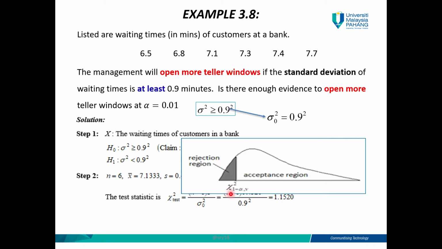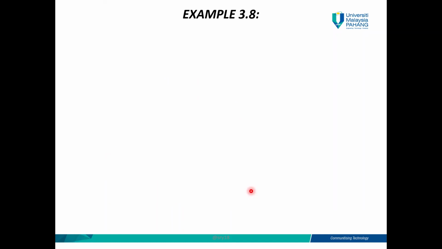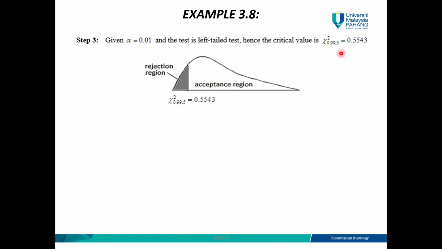Which means you need to find chi-square 1 minus 0.01. What is that? 0.99. So the critical value here is chi-square 0.99. Alright, if you look at your formula book, you should be able to find this value, 0.5543.